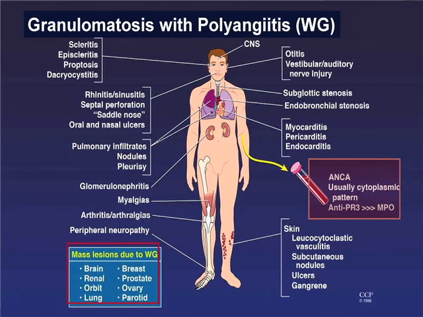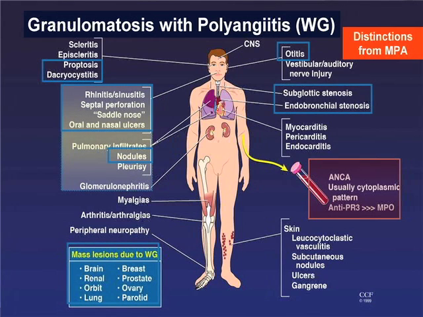The other important characteristic is what I've just told you about, and that's ANCA, which in the case of GPA is mostly proteinase 3, antibodies to proteinase 3, not MPO, except in a very small number of patients, less than 20%. So how do we then distinguish GPA from MPA?